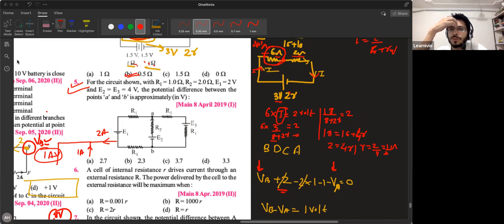You have to solve these equations using Kirchhoff. It's a bit lengthy problem. You get 2 equations, 2 variables.